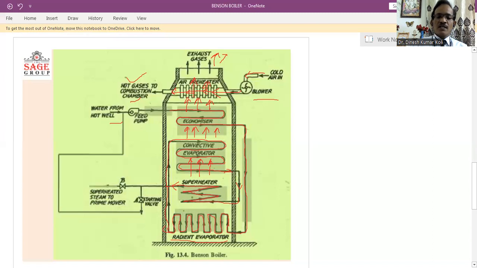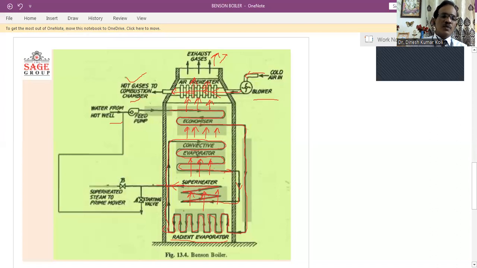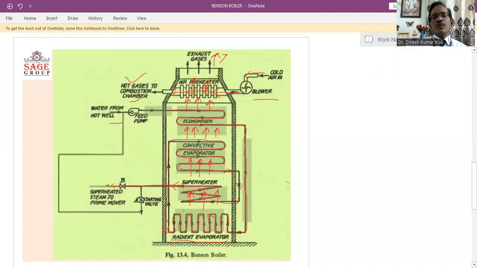The hot gases which pass through this superheater section are at very high temperature. So this dry steam will be superheated here, and then this superheated steam will be ready for the application wherever it is required, maybe any prime mover or the steam turbine.